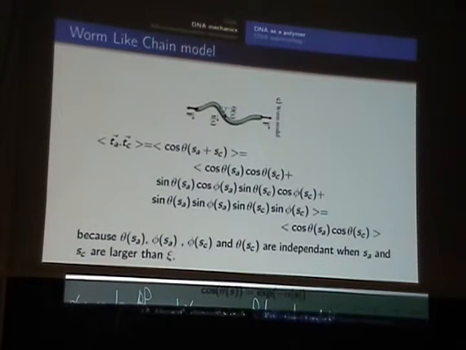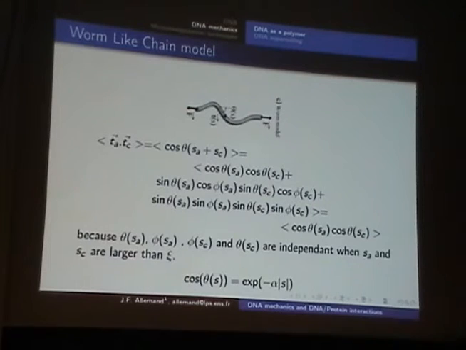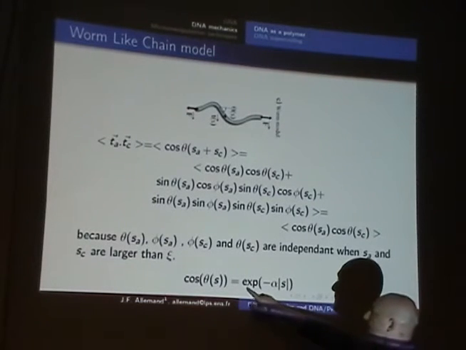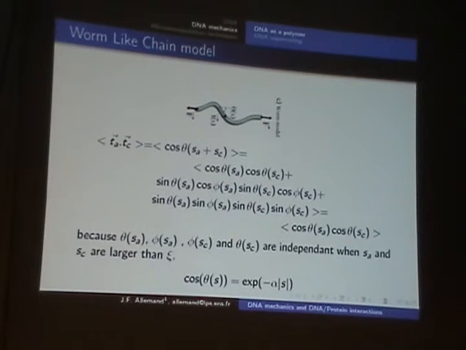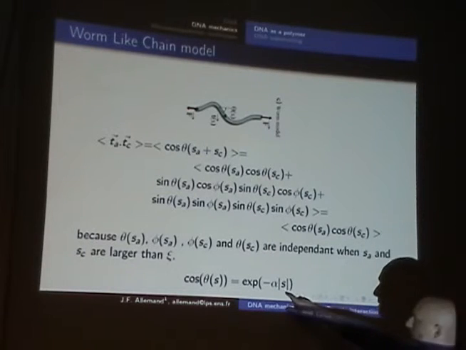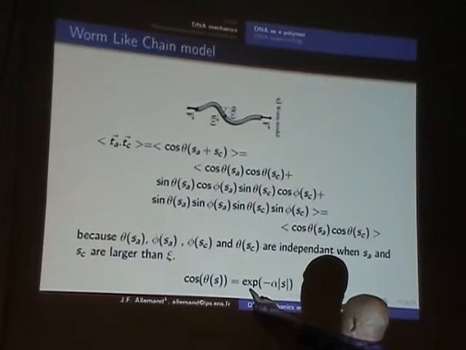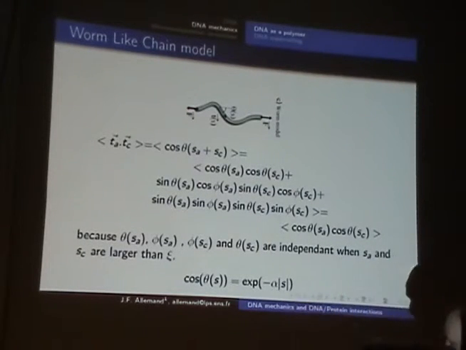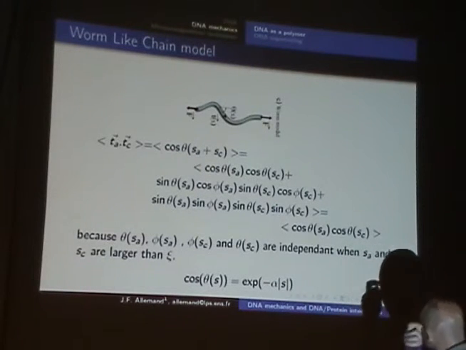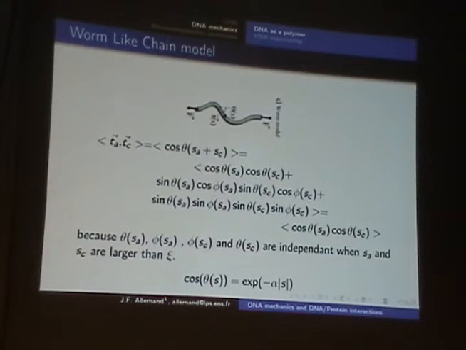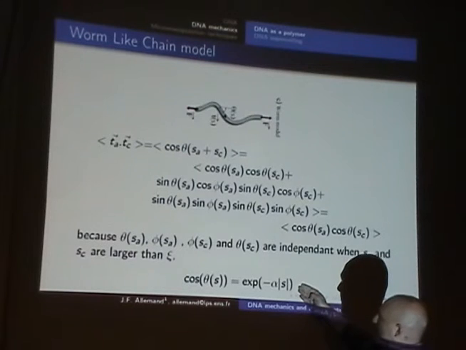And so a function that does this job is the exponential of the parameter. The exponential of the sum is a product of the exponentials, so we have this relation. And we also know that the exponential goes to 1 when the parameter goes to 0. So we may assume that the result will behave like this.